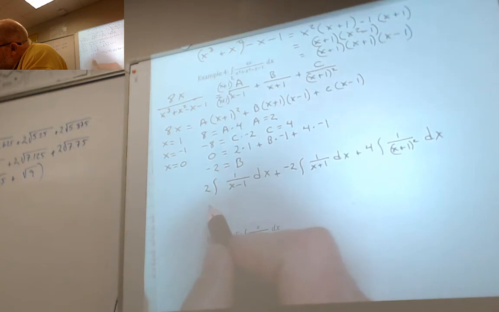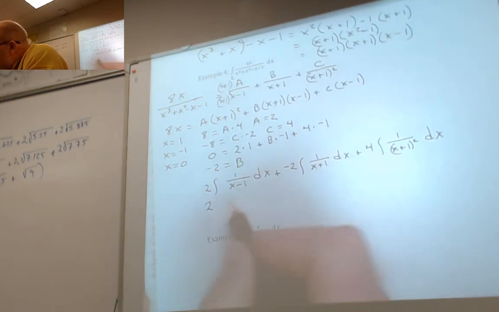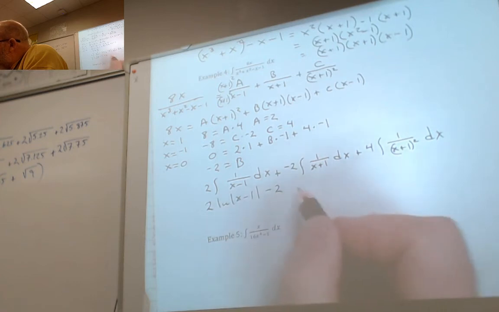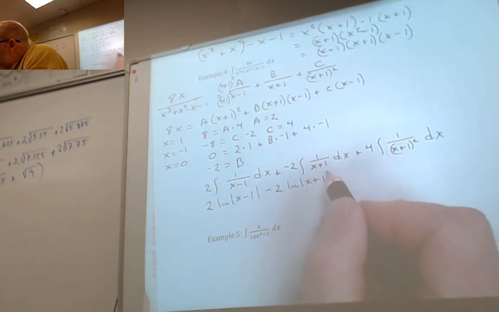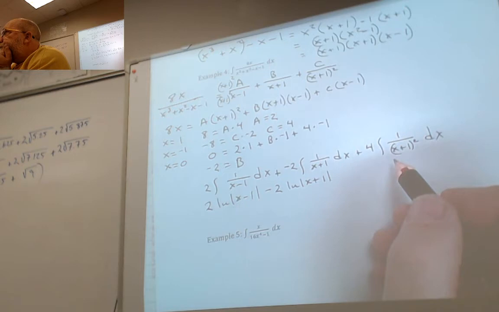So this is going to be 2 times what? Natural log of x minus 1 minus 2 times the natural log of x plus 1. What will this be? 4/3.